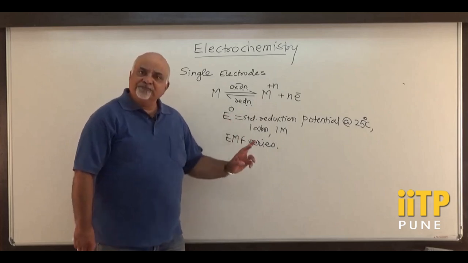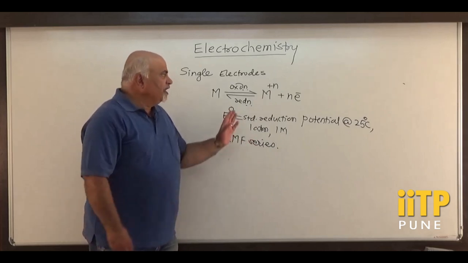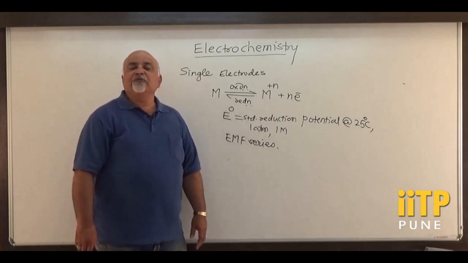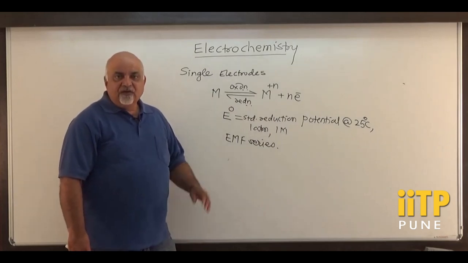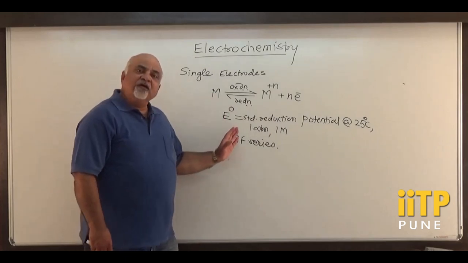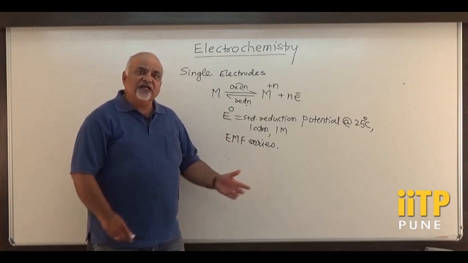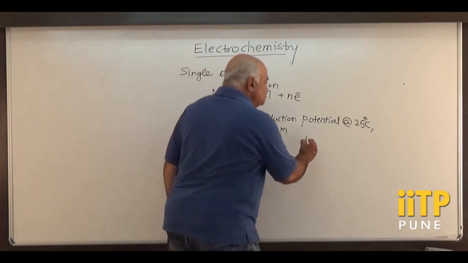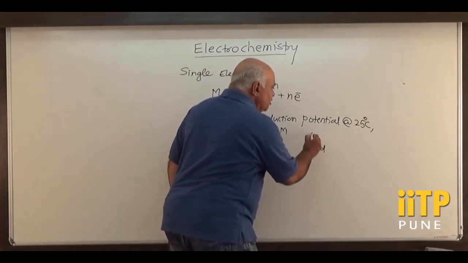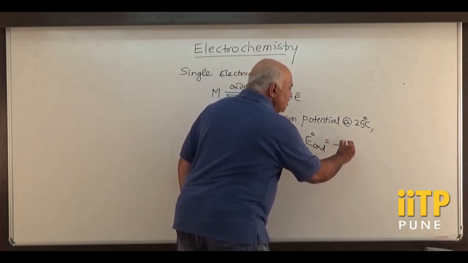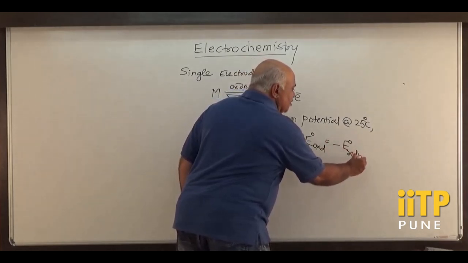If it is positive, there will be easy reduction, spontaneously happening. If it is negative, there is easy oxidation spontaneously happening, because E of oxidation equals minus E naught of reduction.